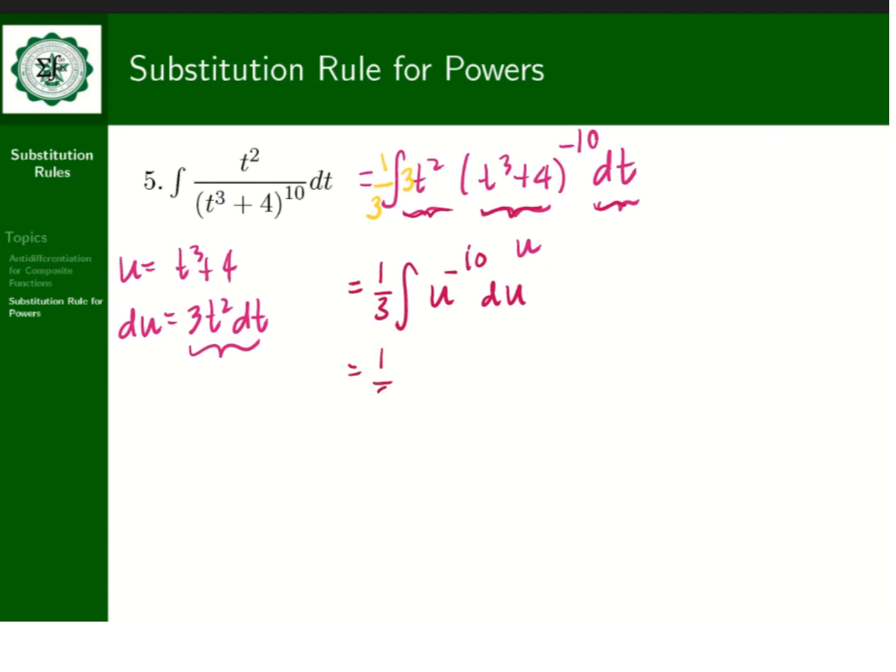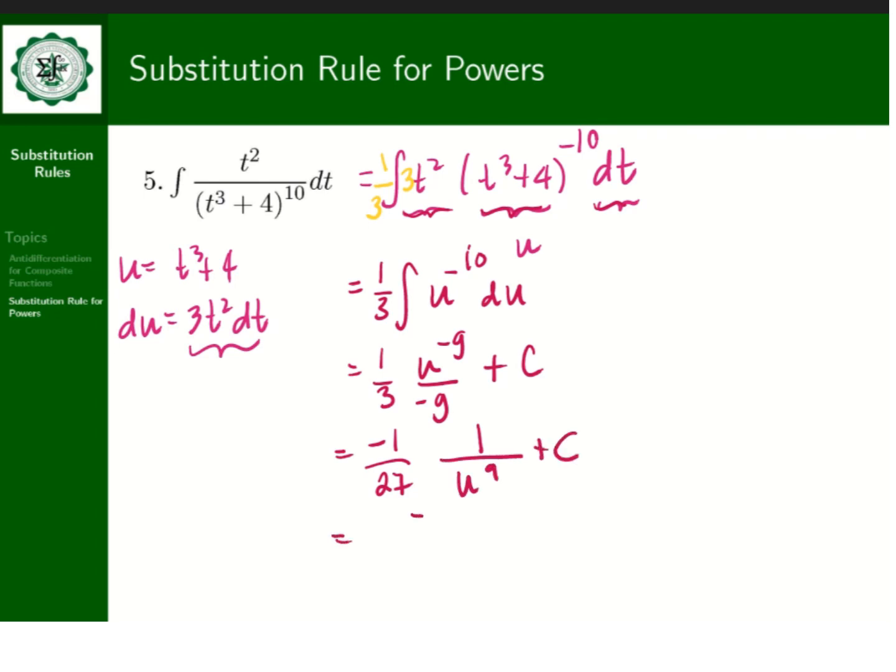Therefore, we can solve this now as 1/3 u raised to negative 10 plus 1, so that is negative 9, over negative 9 plus c. And then simplifying, we have a negative 1 over 27. So u raised to negative 9, we could just put that in the denominator. So you have 1 over u raised to 9 plus c.